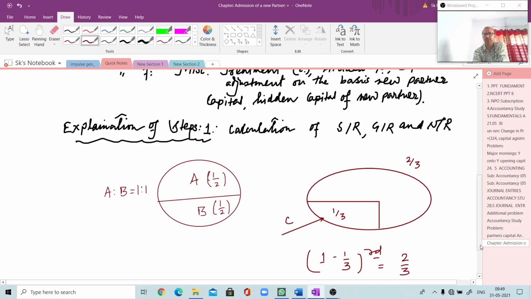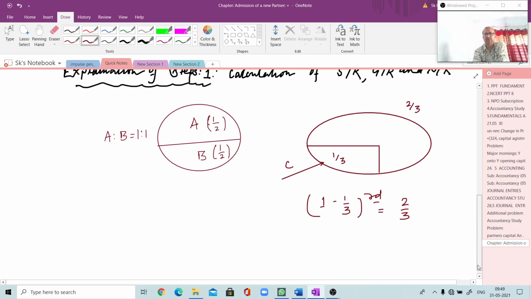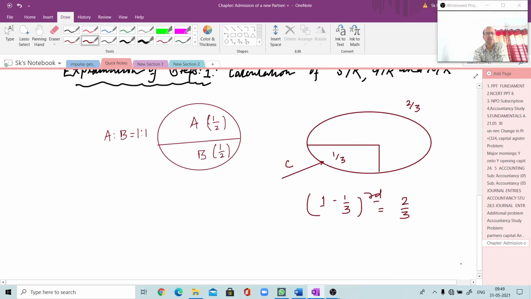So let us see how much share A and how much share B will have after surrendering 1/3 to C. Now A's share will be 2/3 into half, that is 1/3.